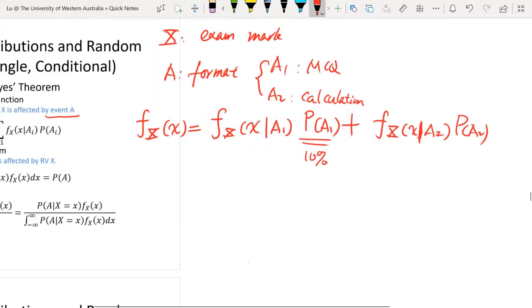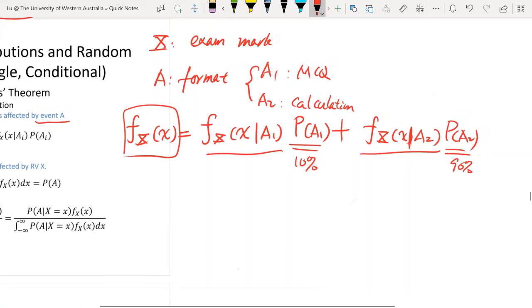Based on this 10%, what will be your performance? And then 90%, I give you all calculation questions. Based on this, what will be your performance? Then the summation of them makes up the final performance of the final exam. Okay.